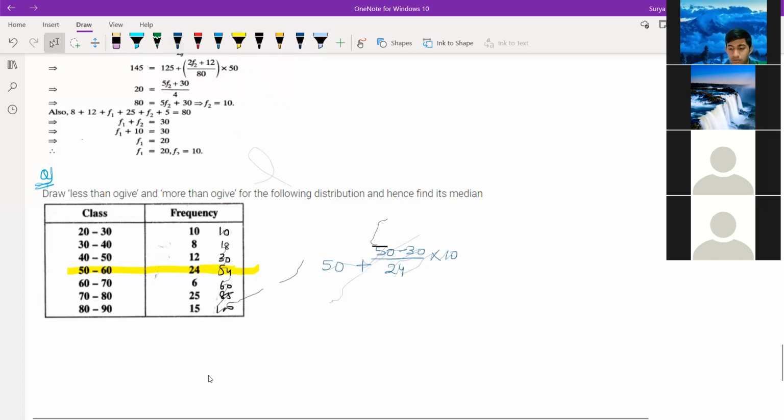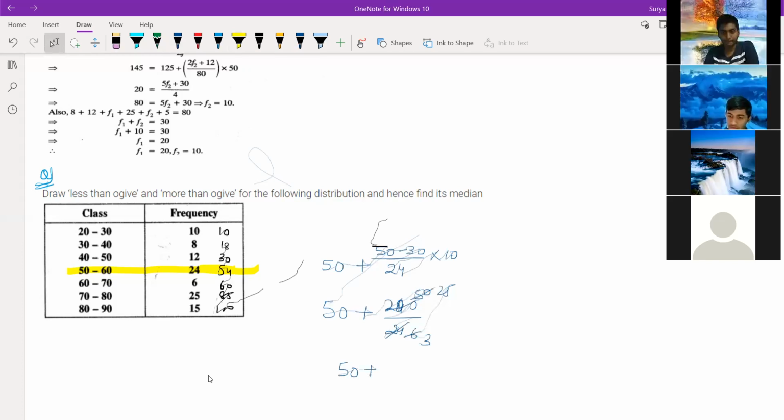Then we can write here 50 plus 200 by 24, correct? Cancel this by 4. 4 6s are 24 and 4 50s are 200. Then 25 and 3. So 50 plus 25 by 3 is 8 point 3. Around 58.3. 58.3 will come, correct?